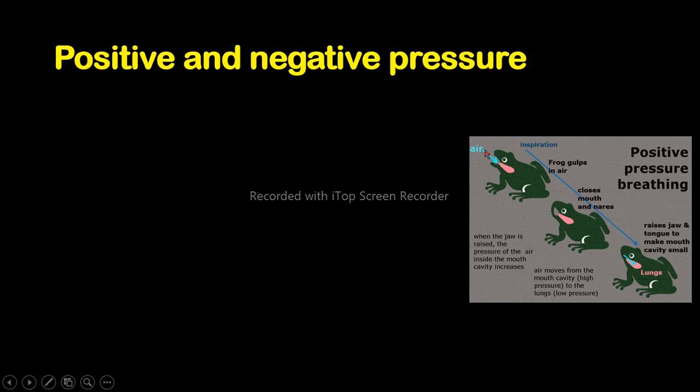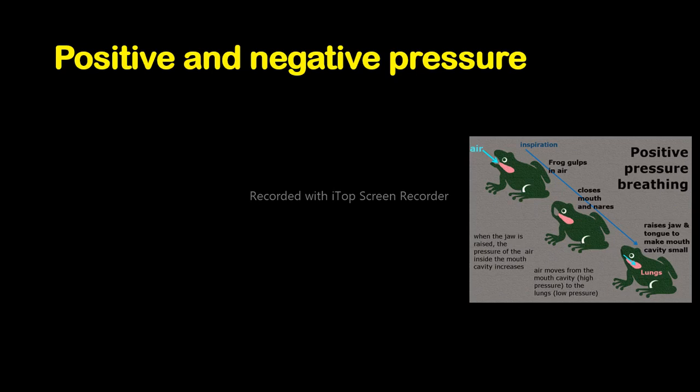So air is going to move from the atmosphere to the buccal cavity. Similarly, for air to move from the atmosphere to your lungs, pressure in the lungs must be lower than the atmospheric pressure.